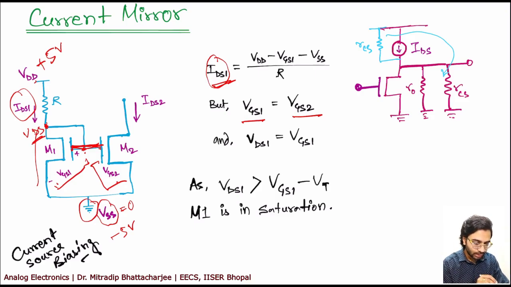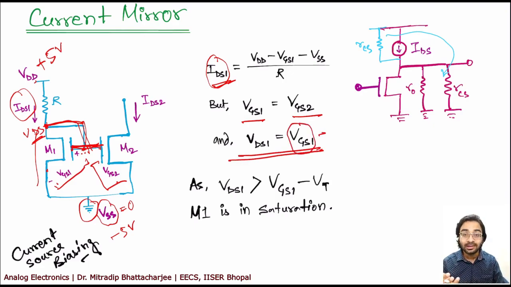This VDS1 is equal to VGS1 because it is also shorted. So you will find that the potential here is actually VGS1. So VDS1 is also equal to VGS1. Now from this relation, it is very much clear that if I subtract X from VGS1, if X is positive, then VDS1 will be greater.